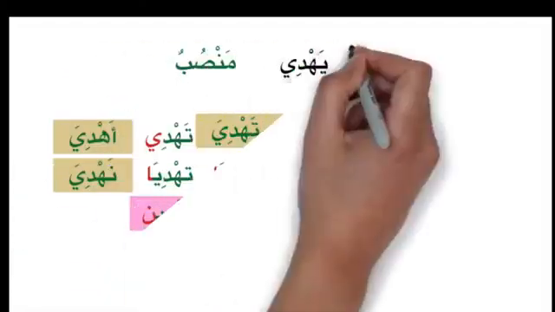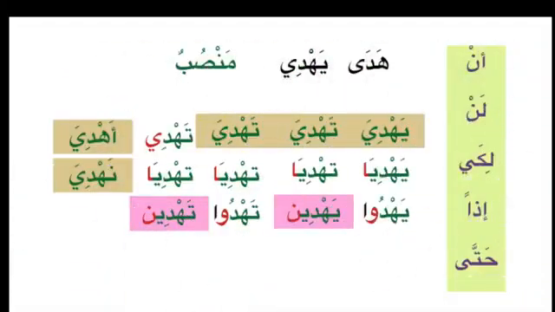So if we bring another very important fi'l, hada yahdi, hada is he guided, yahdi he guides, and in the mansoob form how do we do? So yahdi, ya, because there's a kasra on the ain kalima, the ya will get the fatha. Yahdiya, huma yahdiya, hum yahdu, very important to remember. Noon is dropped, yahduna will become yahdu. Tahdiya, hiya tahdiya, yahdina.